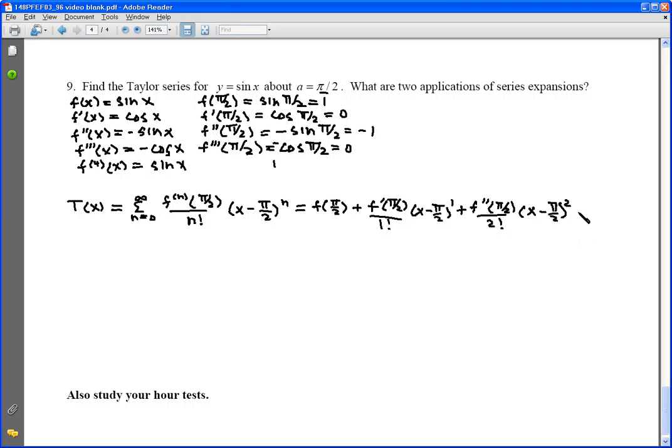And then we keep going here. So this will be plus f triple prime at pi over 2 over 3 factorial, and then (x minus pi over 2) cubed.